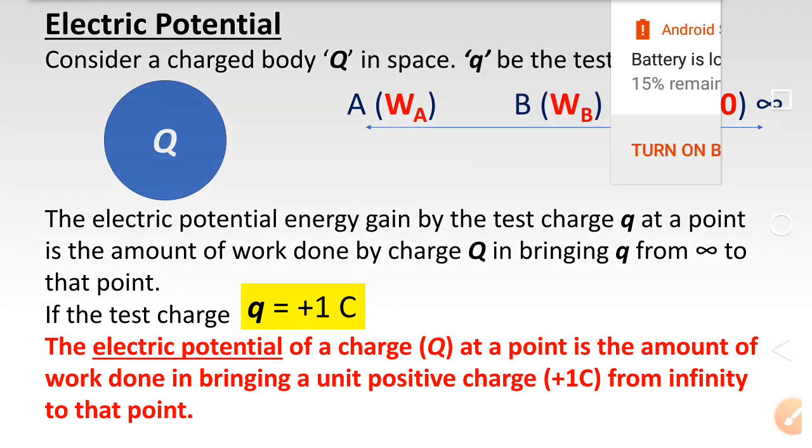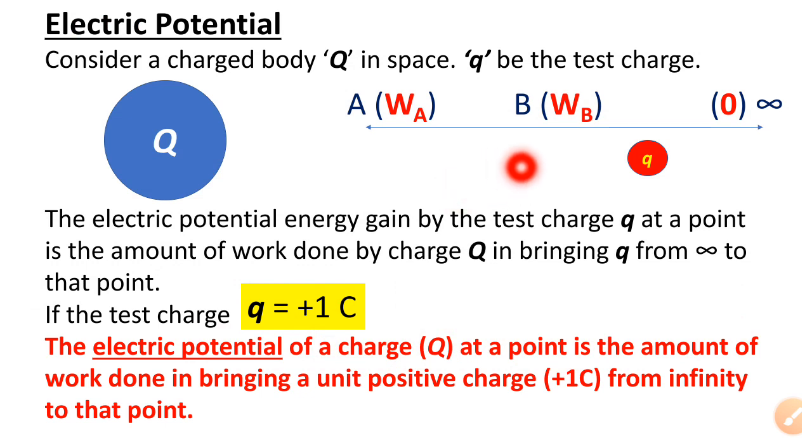You can clear the concept here. I am saying that at the point B, this test charge q has some energy which is different from the energy at the point A. So because of this charge here, this q has some energy which is different from the energy there. So we will say that there is a difference in energy.